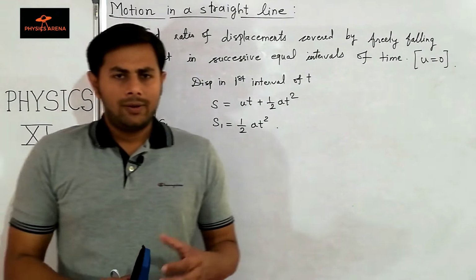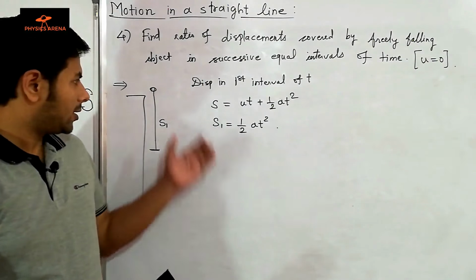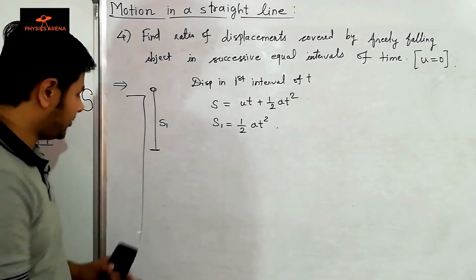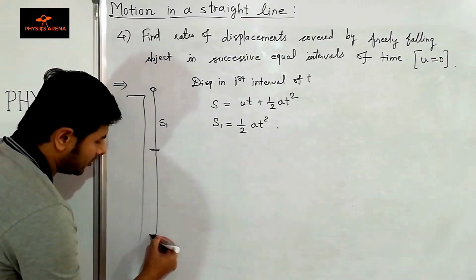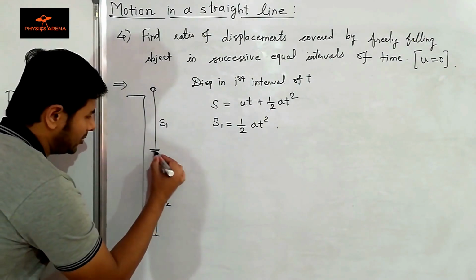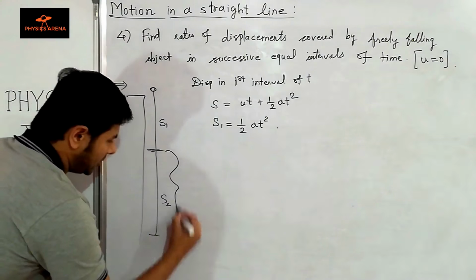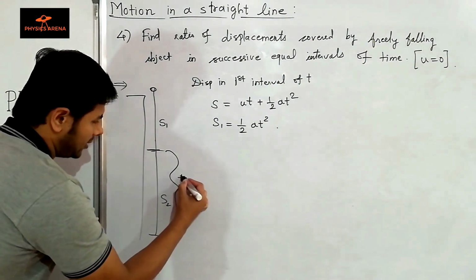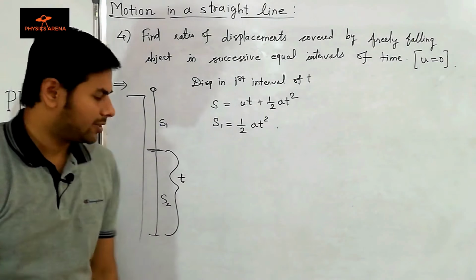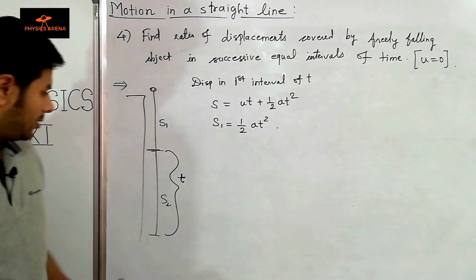Then in the next successive time interval, suppose the object goes from here to here, so it will be s2. This much distance is also covered in the next time interval t.